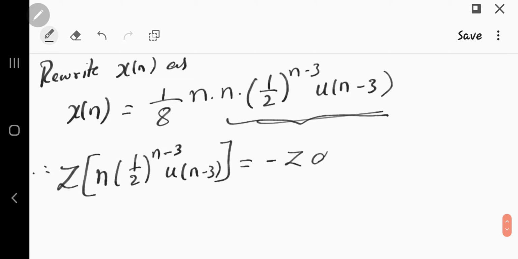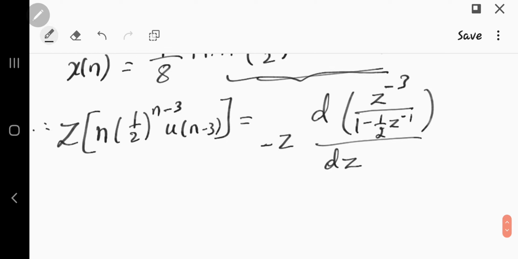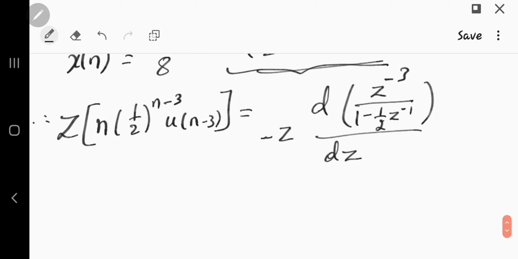minus z differentiation of x of z, which is z to the power of minus 3 into 1 by 1 minus 1 by 2 z inverse. This is differentiated with respect to z here. The differentiation of that will be minus z cube is there.